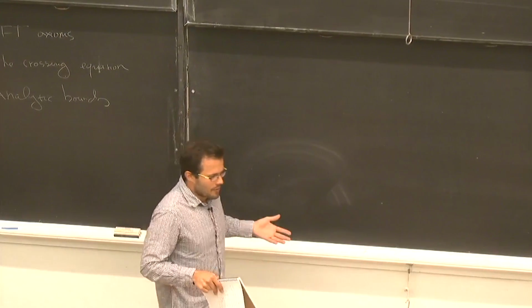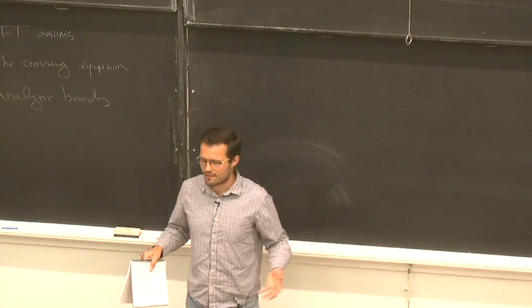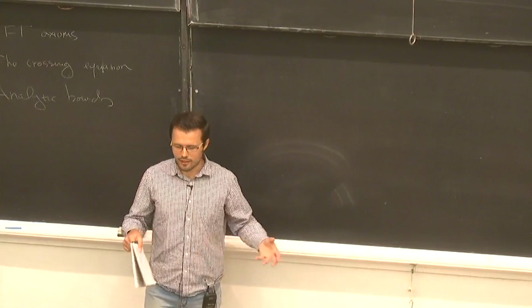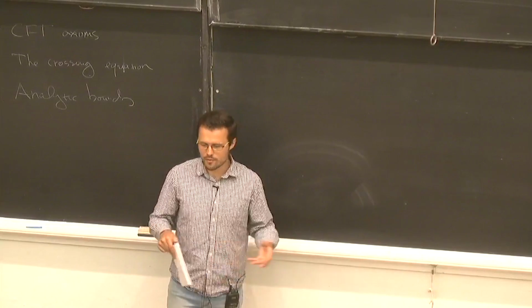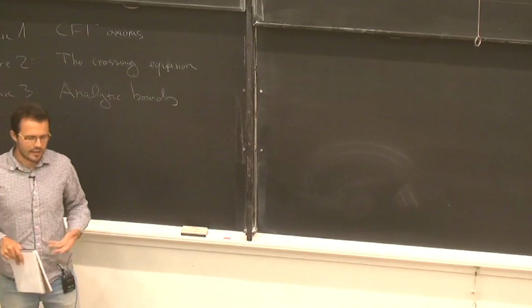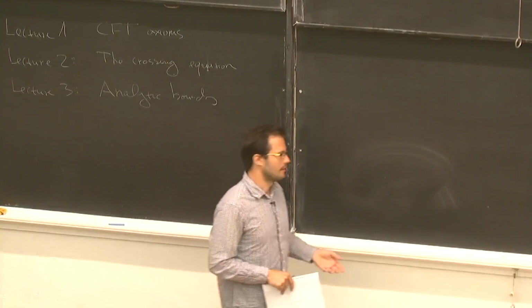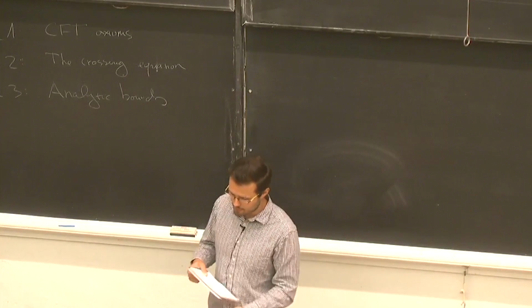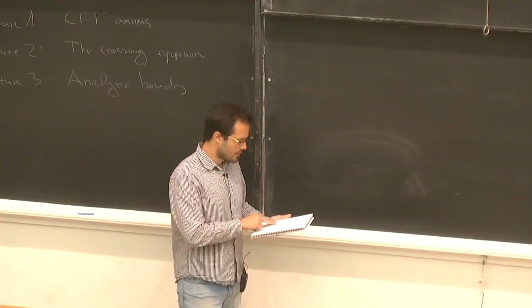Or you may ask, what are the critical exponents of the three-dimensional Ising model at criticality? Okay, you can maybe do Monte Carlo, or you can try to compute the epsilon expansion, but you're going to have to work very hard, and in many cases, such questions are really impossible to answer, which is where the conformal bootstrap comes in.